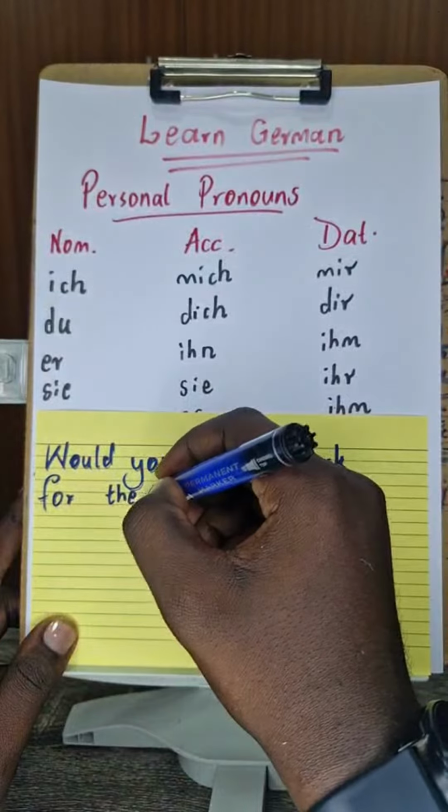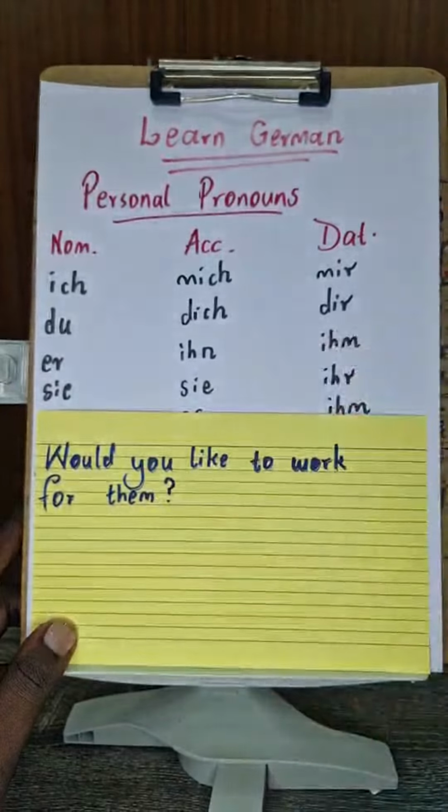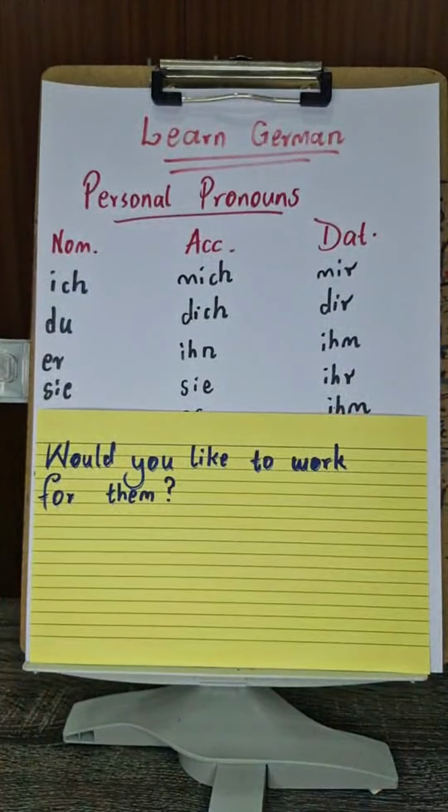Now, as you translate this also, check the personal pronoun used and the case. Yeah? Would you like? And also the verb. Would you like to work for them? This one is also testing the case to see how you're able to answer.